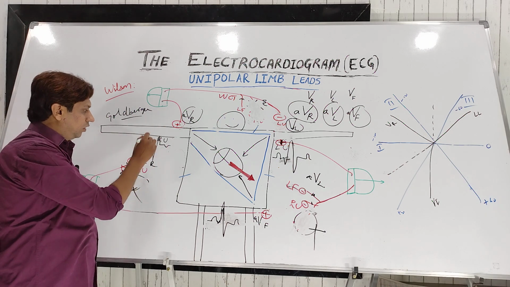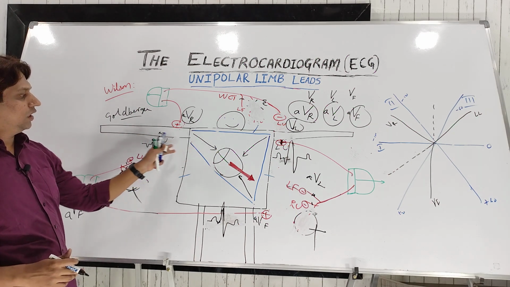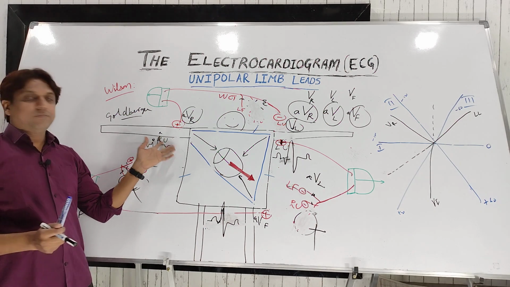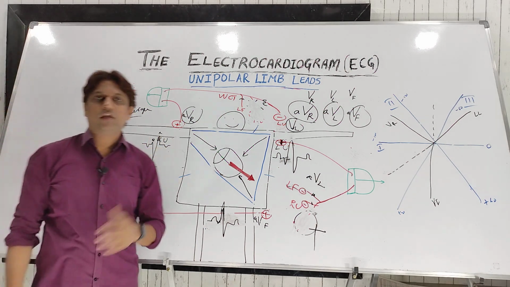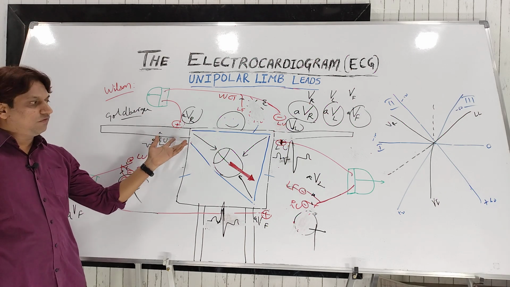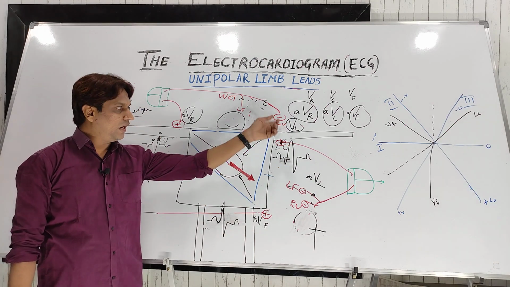The QRS complex R wave will be negative in the AVR lead. So when you see a normal ECG pattern, it is negative in AVR and positive in AVF and AVL.